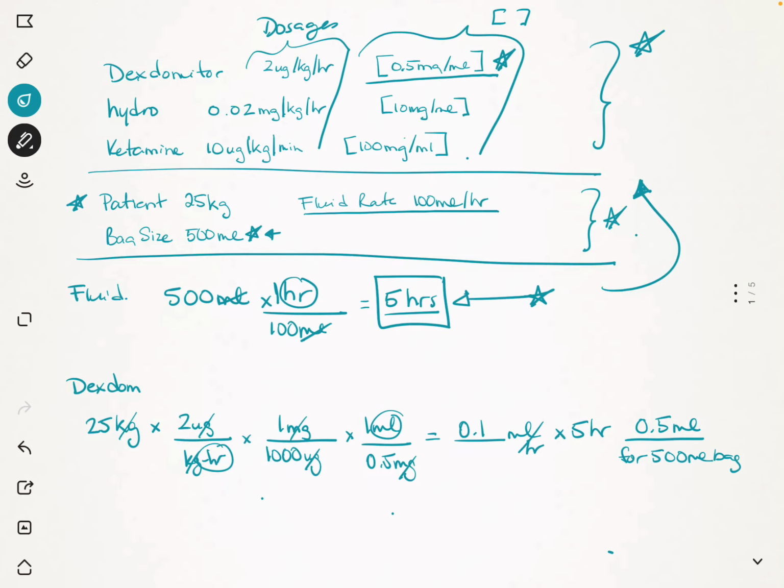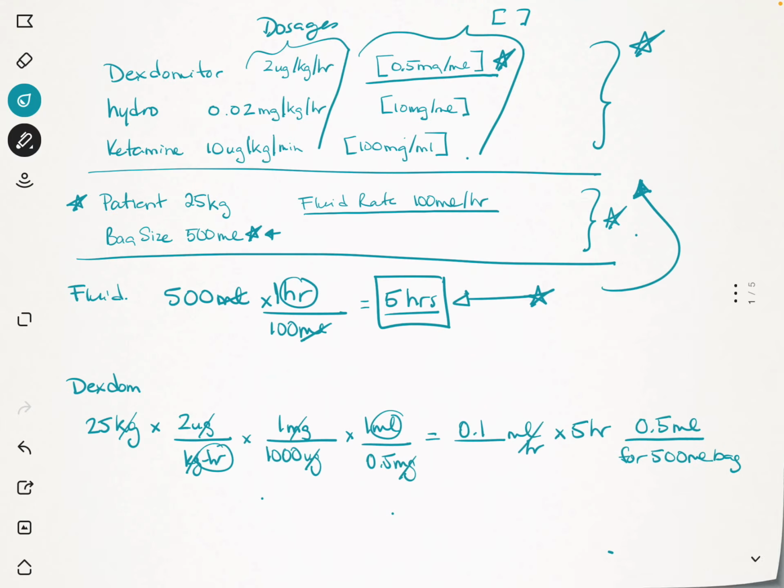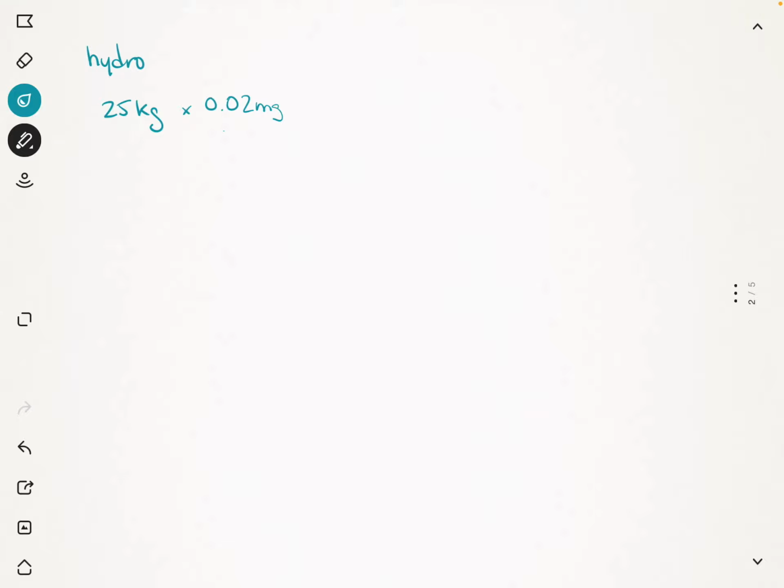Now let's do the next drug. We're going to do hydro. So we said hydro is going to be 0.02 mg per kg per hour. Okay, so hydro, 25 kilograms. Let's just go back to make sure. 0.02 milligrams per kilogram per hour.